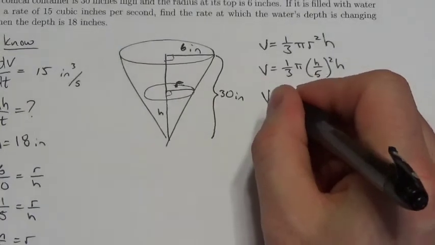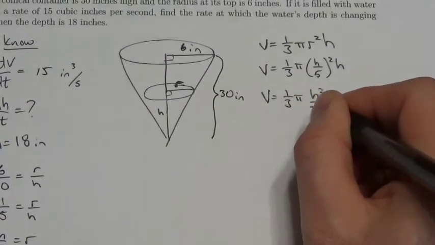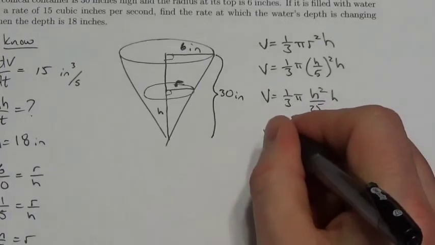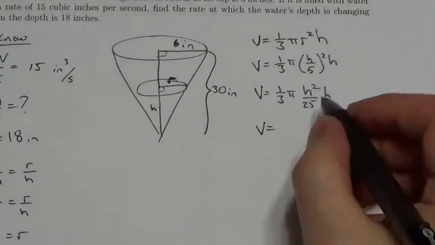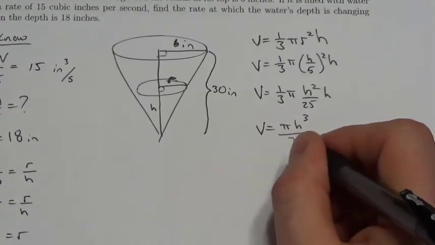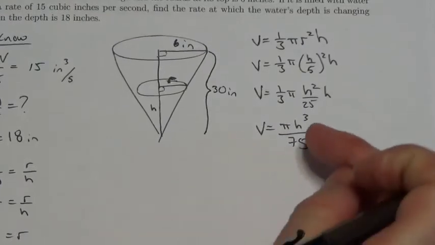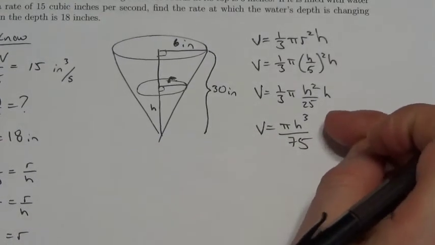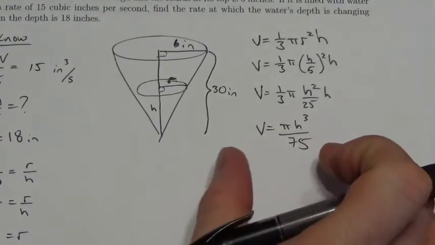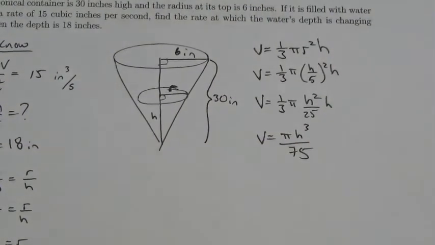And so now this will be 1/3 pi times h squared over 25 times h. It doesn't take much to see that this is now going to become pi h cubed over 75. And so that is the relationship between volume and the height or the depth of the water that I've been looking for.